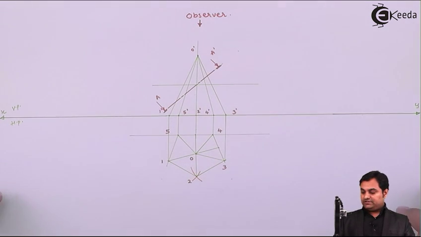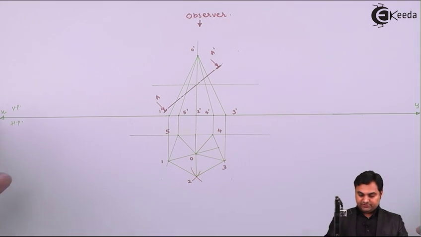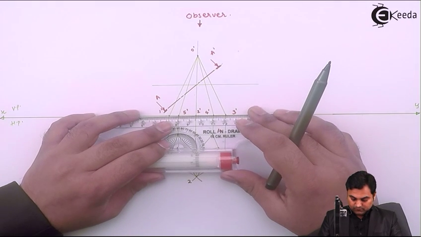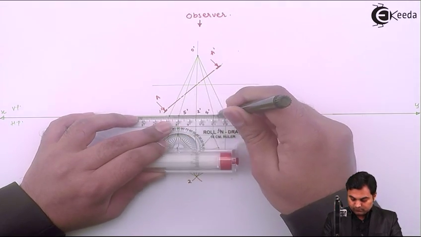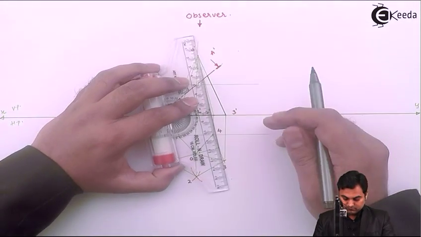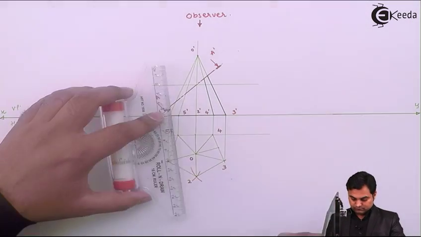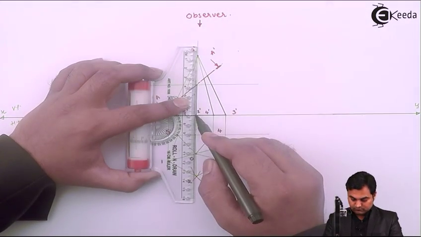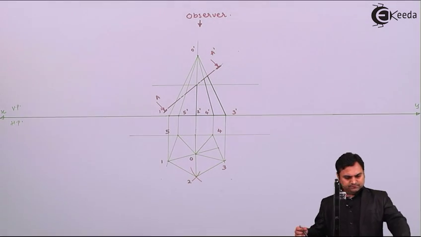Cutting plane A dash. So I'll make dark whatever is retained. Now, so here I'll be making it dark.